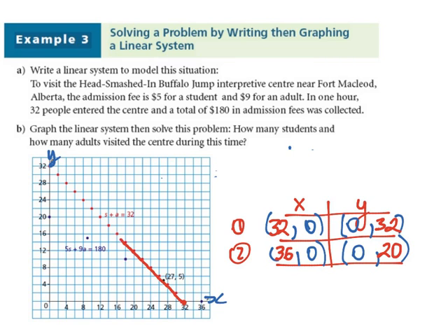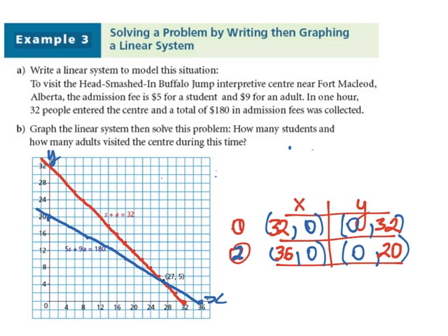Here's our first equation. Now our second equation, and I'm just going to draw it in blue, starts at 36 and 0, so it's right here, and finishes at 0 and 20. Those are our two linear equations.